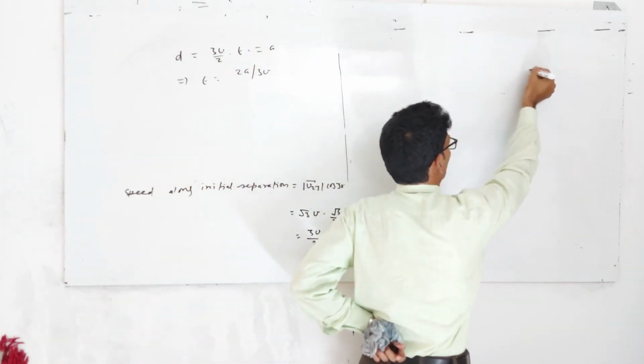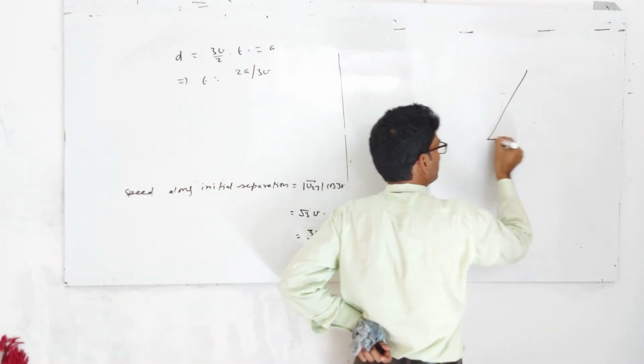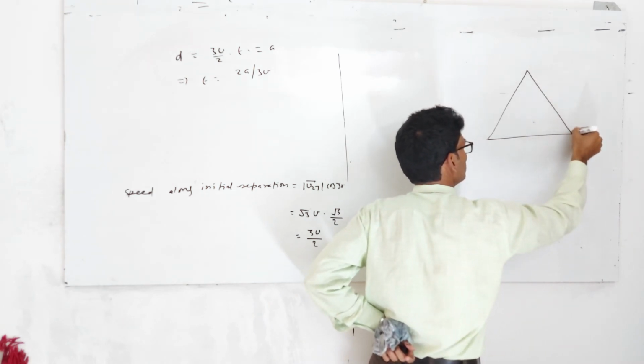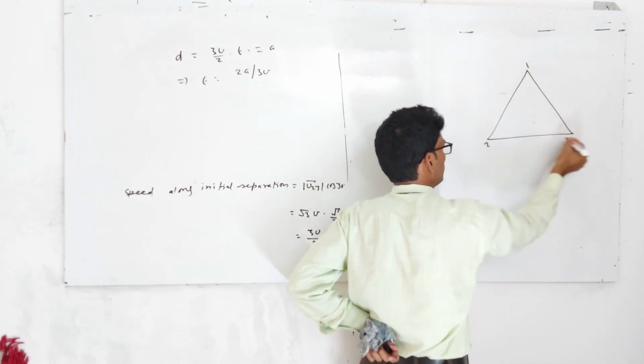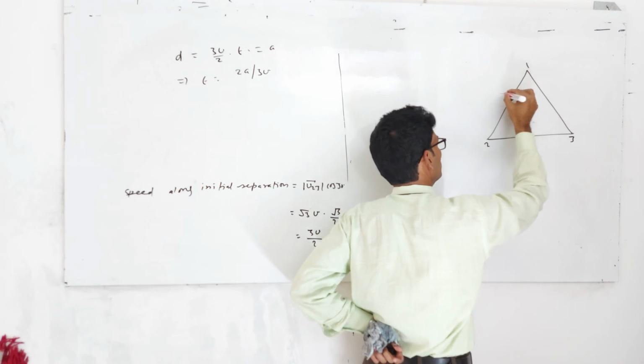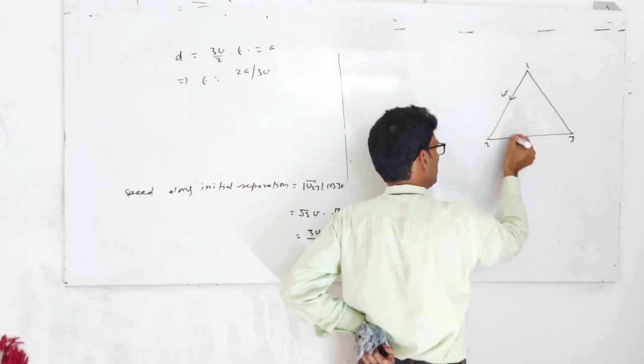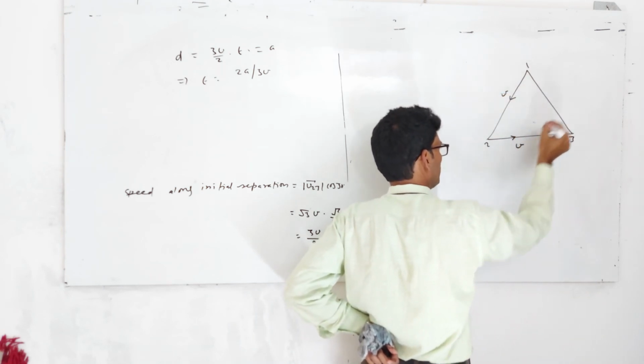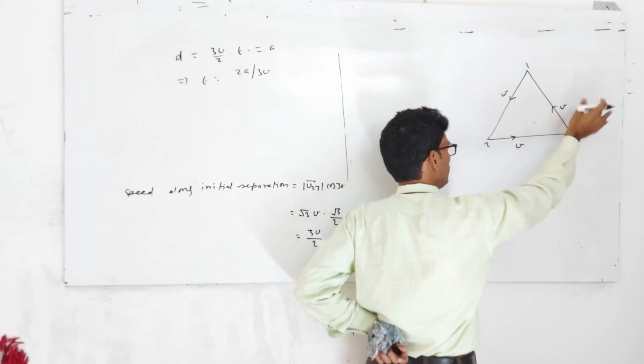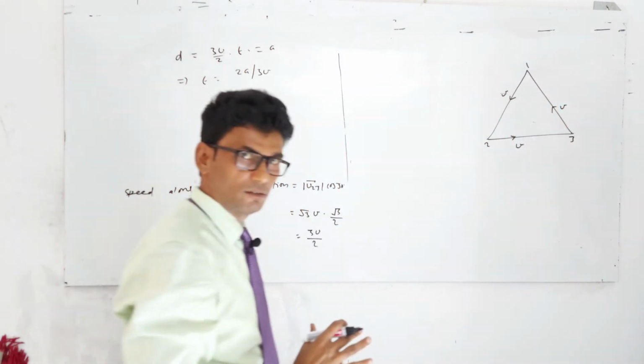At t equal to 0, look here. Particle 1, particle 2, particle 3: 1 headed towards 2 with speed v, 2 headed towards 3, and 3 headed towards 1 with speed v. All the time they are headed towards each other.